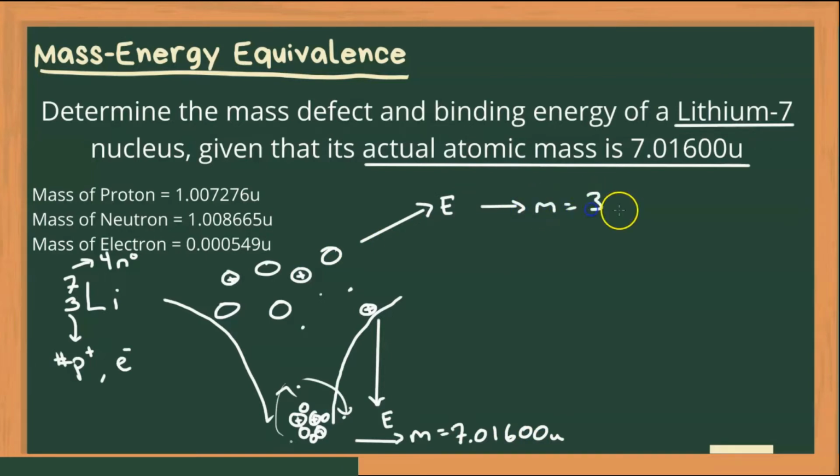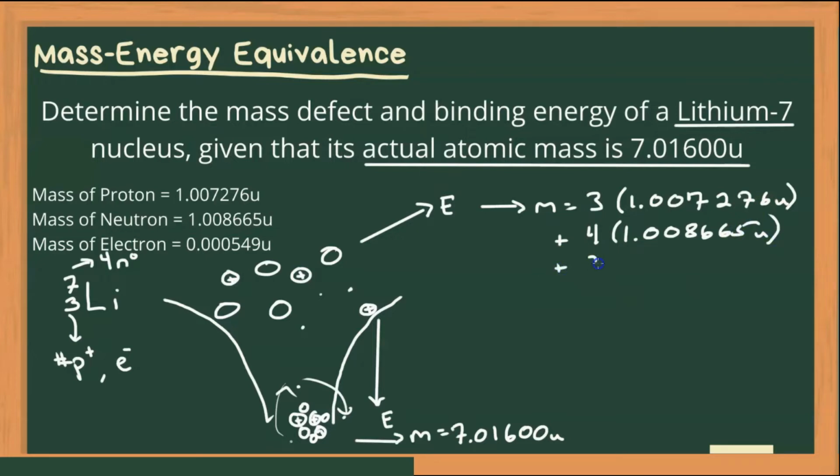Now all these parts, if we're to look at all the parts, that is a mass of, well, we have a total of 3 protons. The mass of a proton is right here, 1.00726 atomic mass units. And then we are going to add 4 neutrons. So that's 4 times 1.008665.